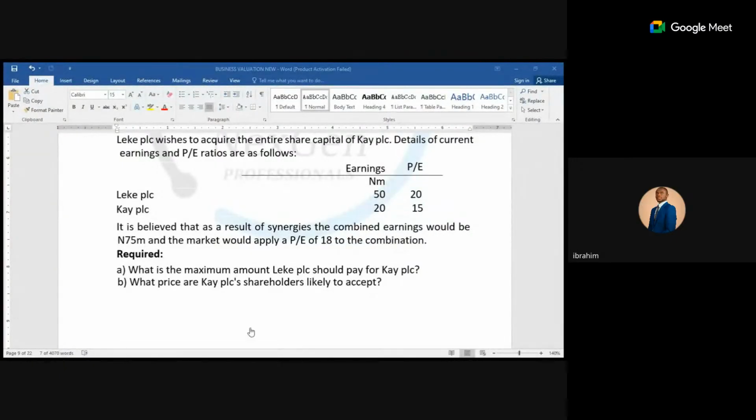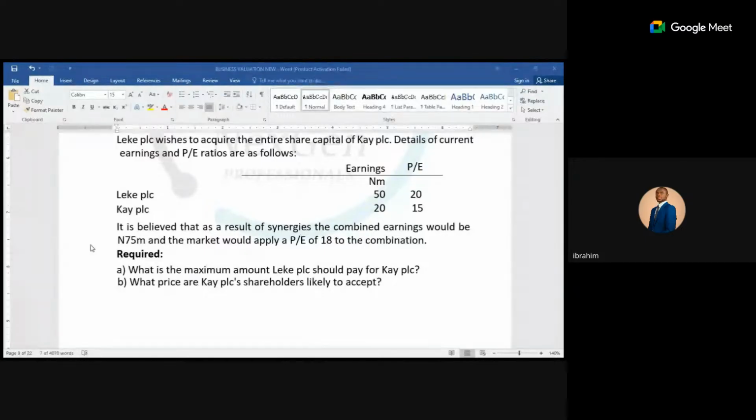Now, in a situation whereby the earnings of the combined company is not given, what you need to do is add the profit after tax. Go and check the income statement of each company. The profit after tax minus preference dividend will give you your earnings, plus the second company.